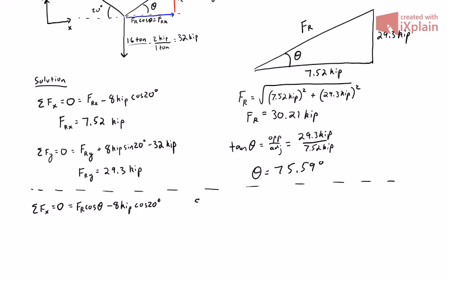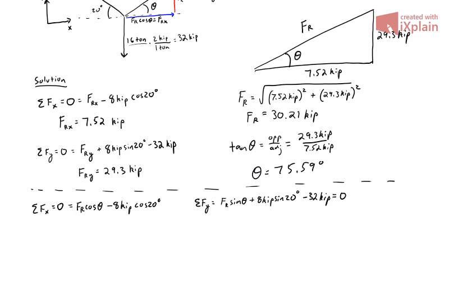And then your second equation, sum of the forces in the y direction, is equal to FR sine theta plus 8 kips sine 20 degrees minus 32 kips. So again, you would have two equations with two unknowns, and you would be able to solve the problem.